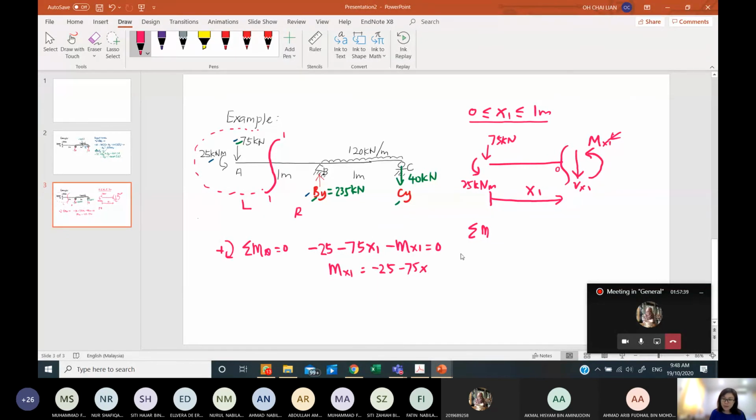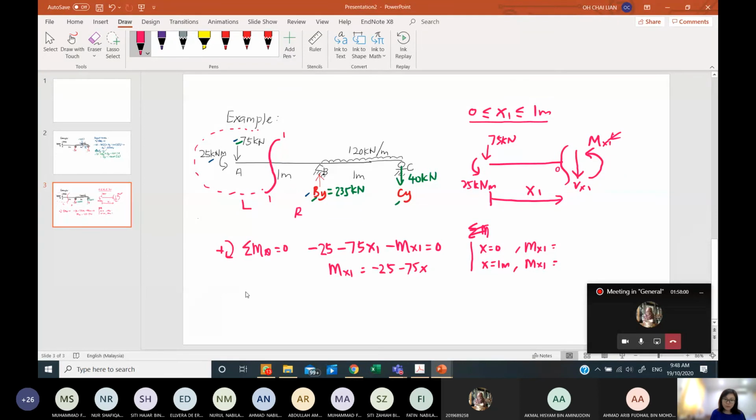Later you can work out what Mx1 is when x equals 0 and when x equals 1 meter. I will give you the answer later.